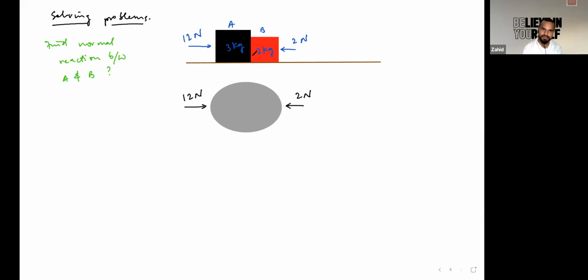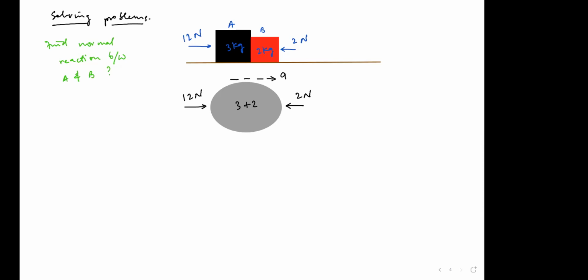And the entire mass of the system is 3 plus 2. Since this force is stronger compared to this one, it will accelerate this system along this direction with some acceleration A. Is it clear? Yes, Ishma? Yes, sir. Okay.